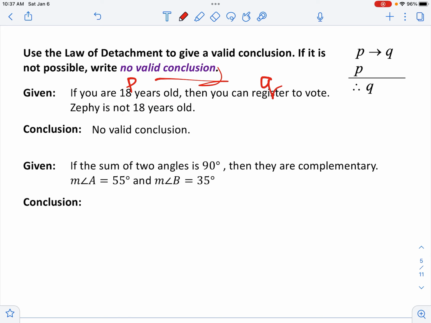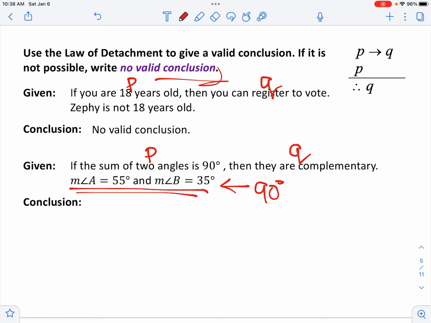Okay. Now, here's another example. If the sum of two angles is 90 degrees, that's our P, then they are complementary. Okay. So that's our if P then Q conditional statement. Measure angle A is 55 degrees and the measure of angle B is 35 degrees. Well, these two, it doesn't say exactly the same thing, but these are two angles that add up to 90 degrees. If I add those together, I do get 90 degrees.